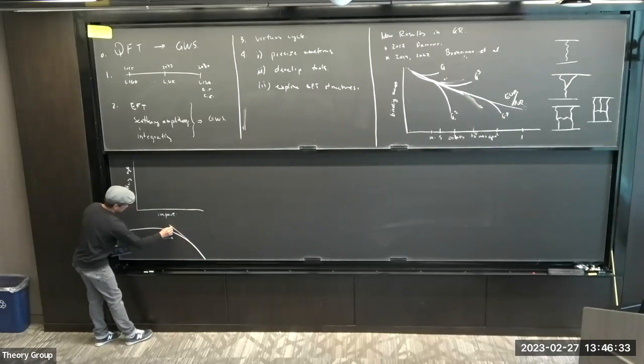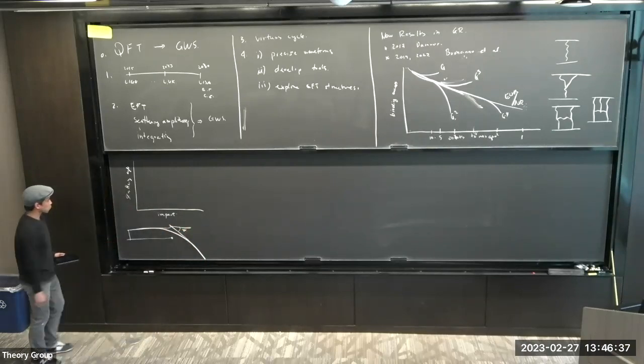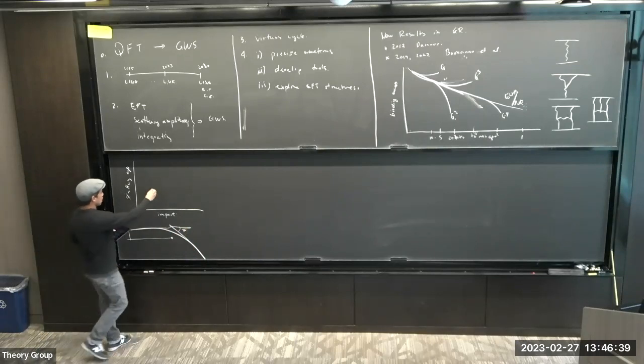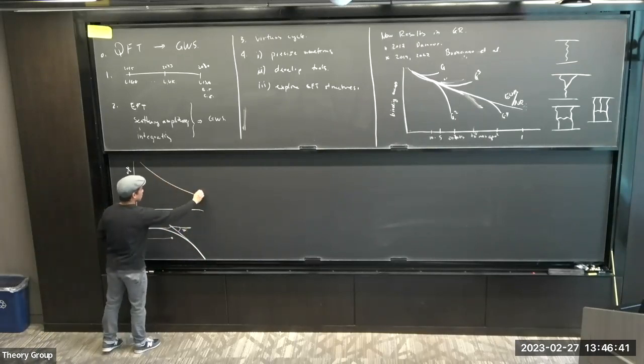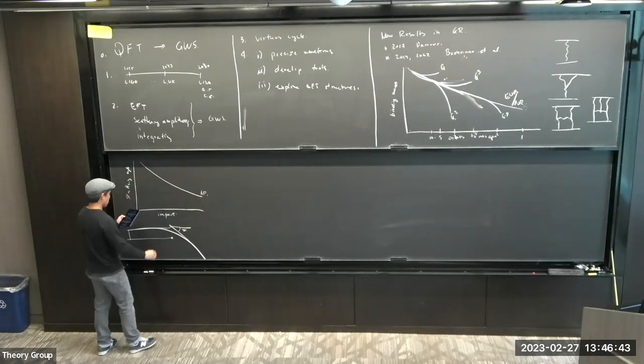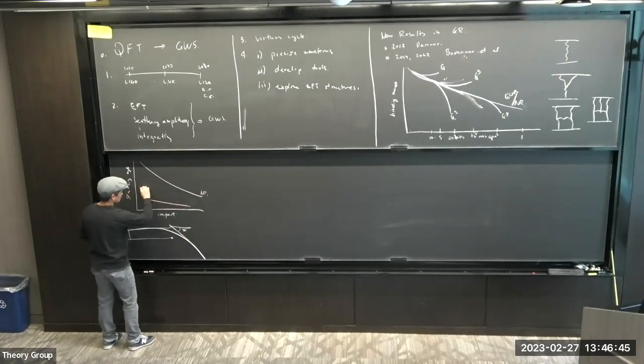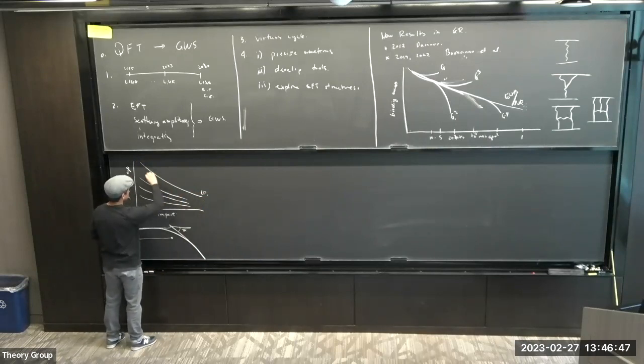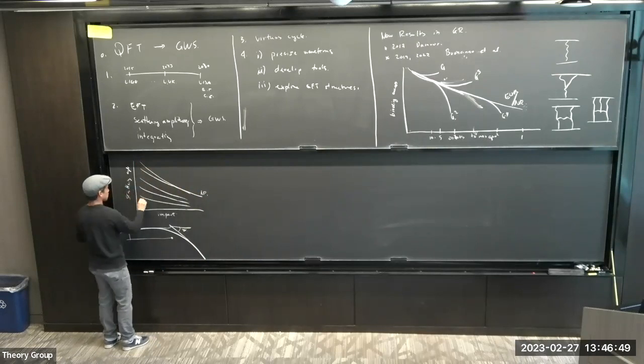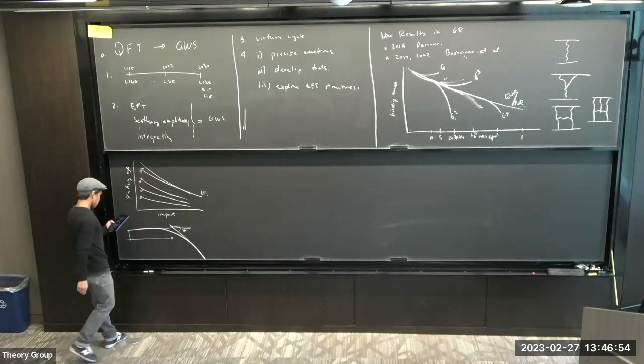And basically this thing here is your scattering angle. And again, they have simulations of this using numerical relativity, and they plotted tree-level, one-loop, two-loop, three-loop results, just to see that it actually makes sense.